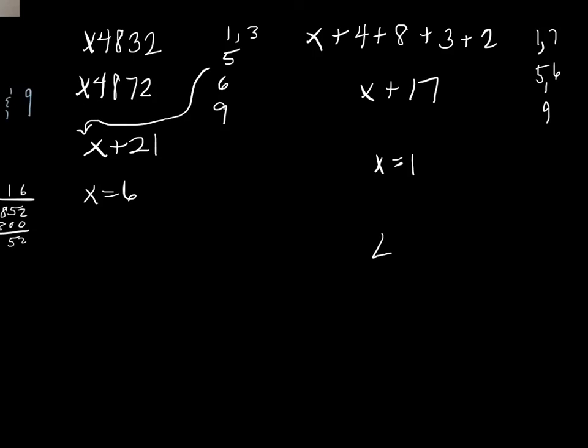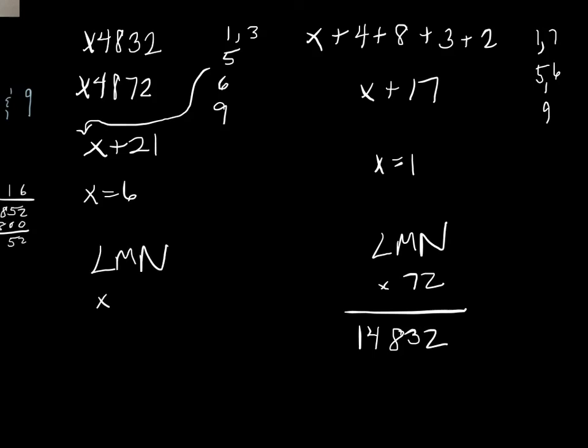We've got LMN times 72 equals 14832. And over here, I have LMN times 72 equals 64872.